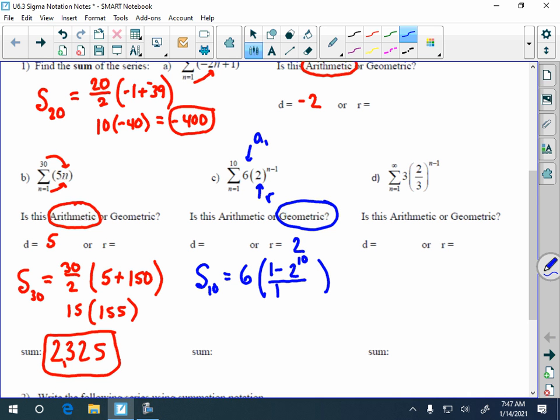And we're going to divide it by 1 minus r again, 1 minus 2. All right, so just like before, we're going to simplify the denominator real quick. 1 minus 2 is negative 1. And now we're going to throw that in the calculator. So 1 minus 2 raised to the 10th divided by negative 1 times 6. 6,138.